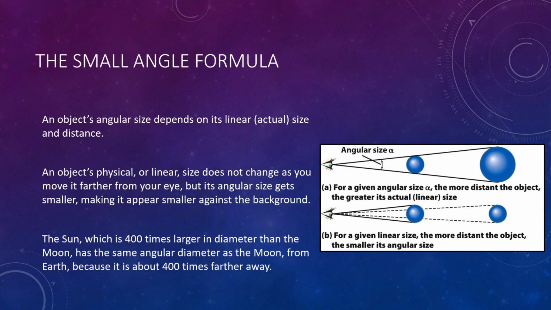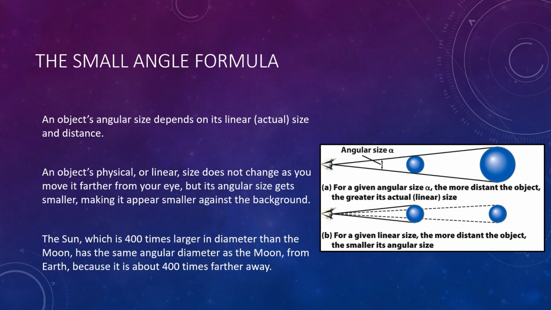It is important to note that angular size does not indicate an object's true size, because angular size also depends on distance, as we just discussed with the sun and the moon. An object's physical size does not change as you move it farther from your eye, but its angular size does get smaller, making it appear smaller against the background.